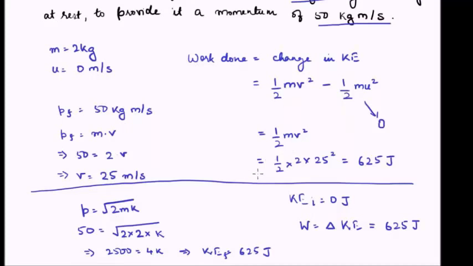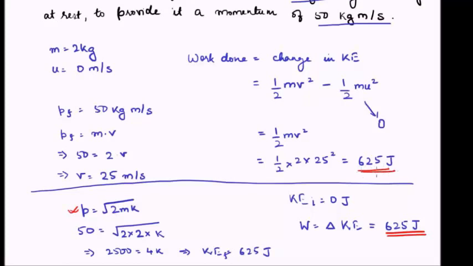So here in this question we see that we can find the work done either by the first method, or by using the relation between momentum and the kinetic energy. Both will give us the same 625 joule result.